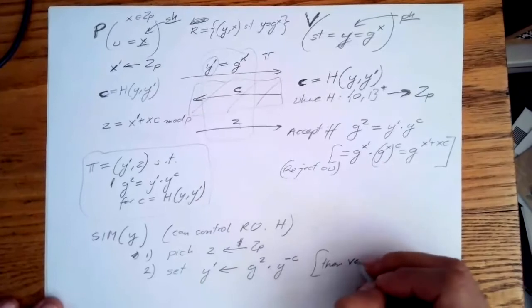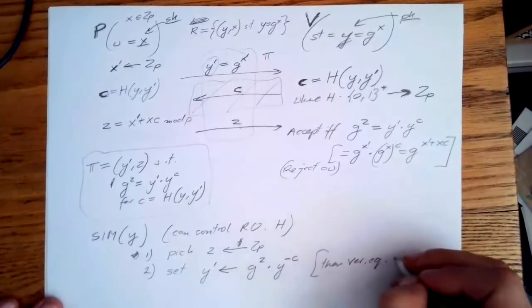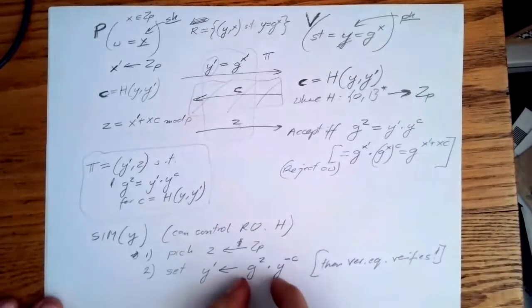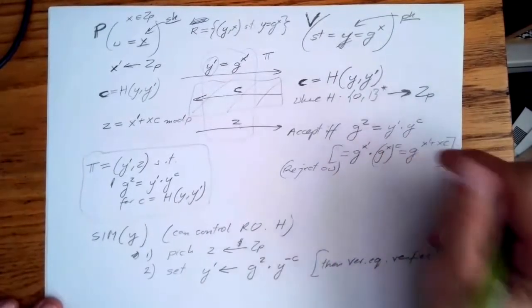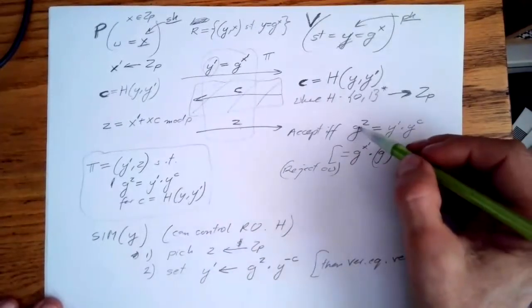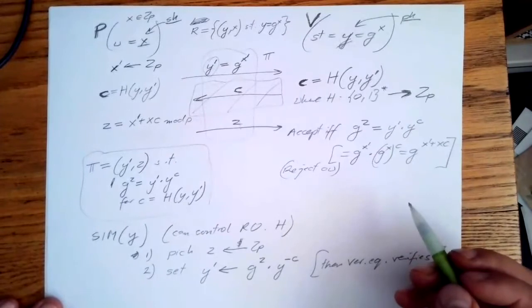Then the verification equation verifies, right? Because if that's the y prime I'm putting here, then the y to the minus c and y to the c cancel, and all I'm getting is g to the z, right? So it will work.